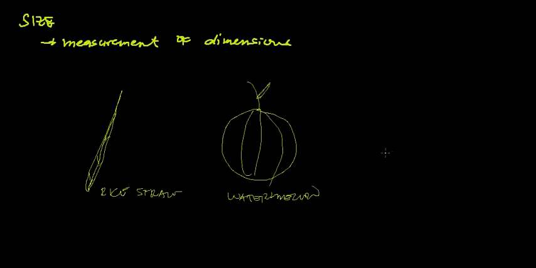What else? Let's have another fruit like mango. So this is our mango. These are examples of our AB materials.